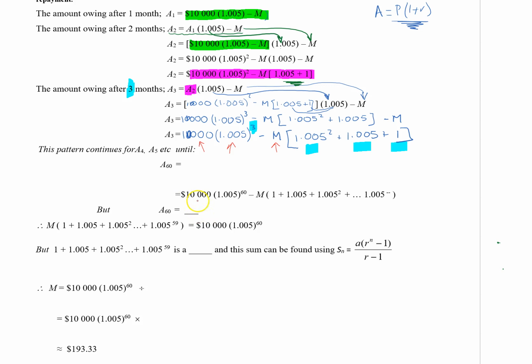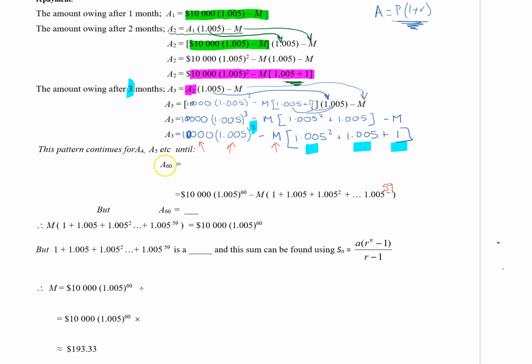So it would be still 10,000 times 1.005 to the 60, the amount owing, minus m times, and I've just reversed these, and you could see that it would go, so the indices, the maximum index here was a 2 after 3 months, and so this would go to 59. That there are 60 terms there, but the power goes to 59.